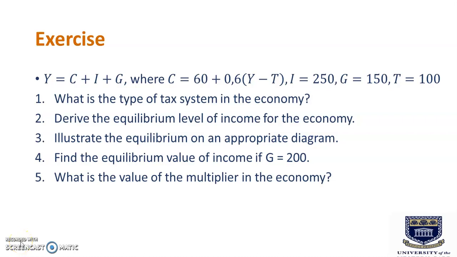We are continuing with slide 11 for part 3, where we will discuss an exercise. In this slide, you are given a numerical example to determine the equilibrium level of income.